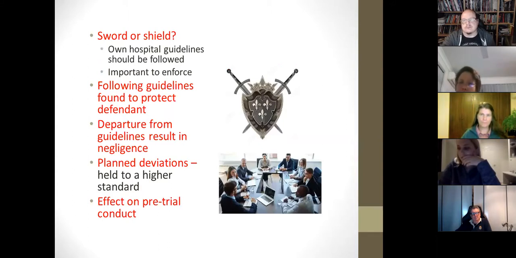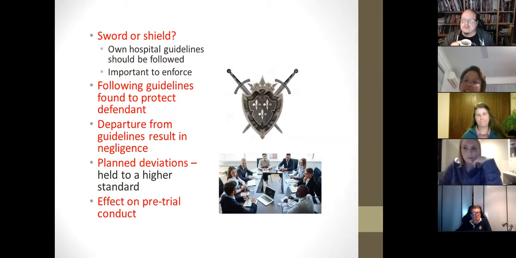But he left, he was a locum, and there was poor handover of his intentions, and as a result, the examination wasn't done, and they did not detect his cancer. So they did find the doctors negligent, even though according to the guideline he didn't need more than a sigmoidoscopy, because the doctor had already planned to do something more extensive and it wasn't done.